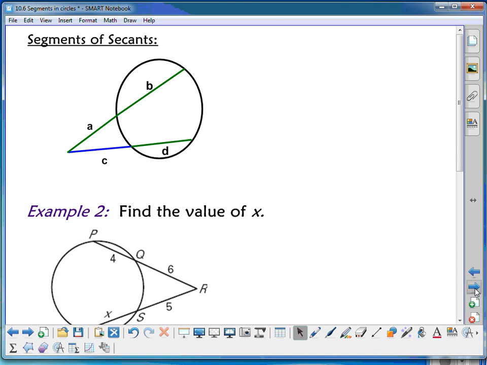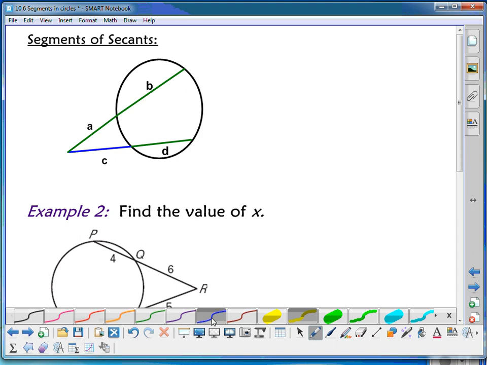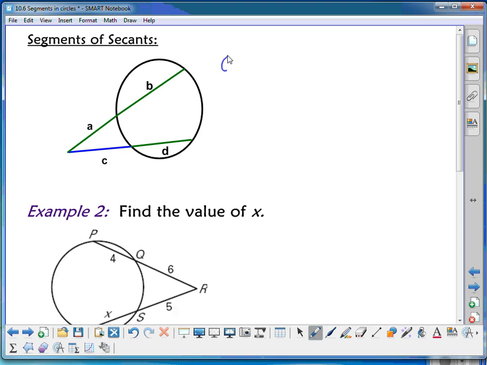Next, we'll look at segments of secants. The way that these work is that the outside piece times the whole thing is going to equal the other outside piece times the whole thing.